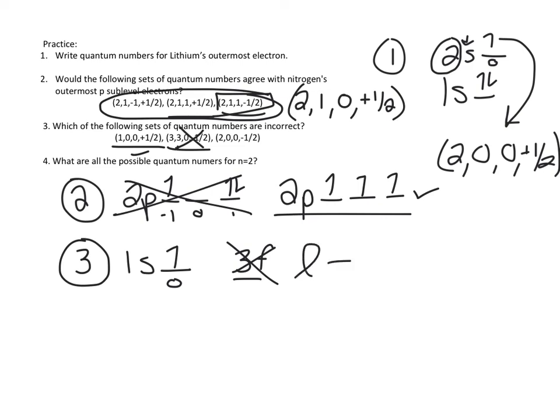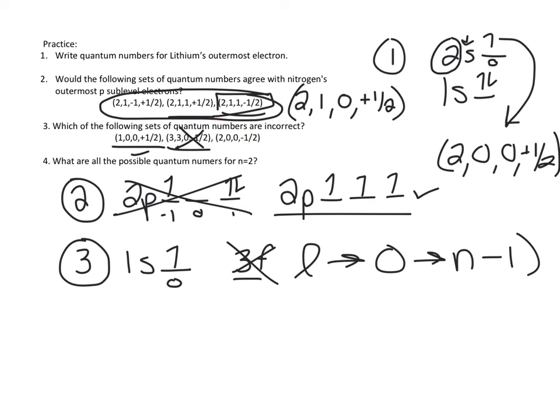L can only range from 0 to whatever n is minus 1. So since my n was a 3, my L can only go as high as 2. It could be 0, it could be 1, and it could be 2. It could be 1 less than whatever the n is. So I know that's not a valid set.